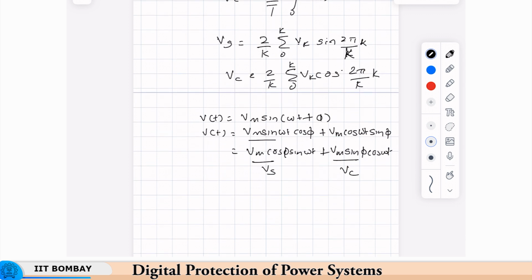Okay. So, what do we have? Vt is equal to Vs sin omega t plus Vc cos of omega t.